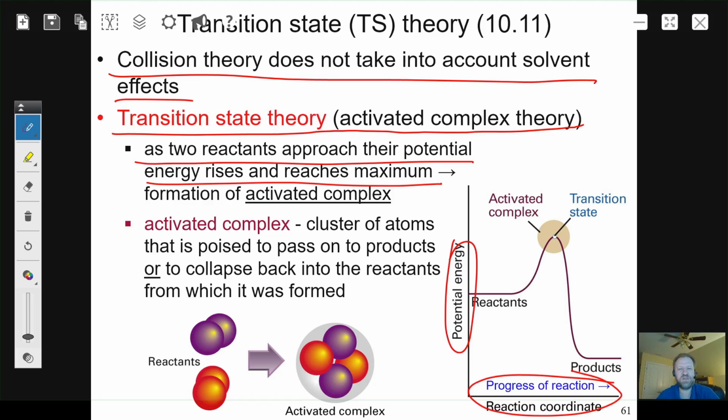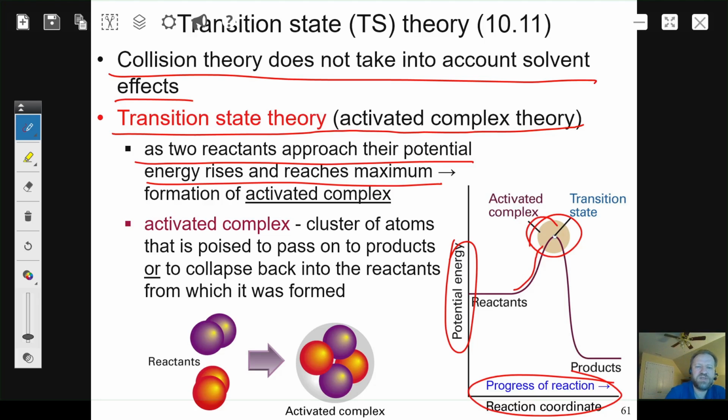Again, it may be the distance between atom one of one reactant species and atom two of another reactant species. It may be an angle, maybe a combination. And as reactant species get closer to each other, the so-called activated complex is being formed.